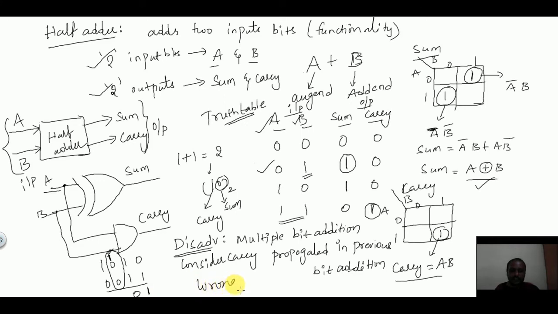This is why half adder is not used practically, and this is the main disadvantage of the half adder circuit.